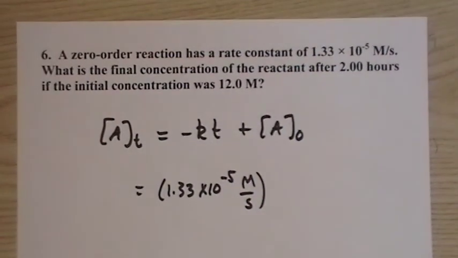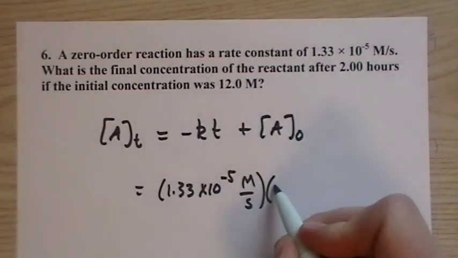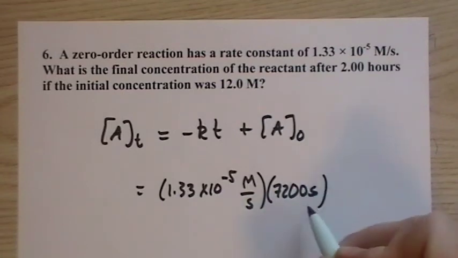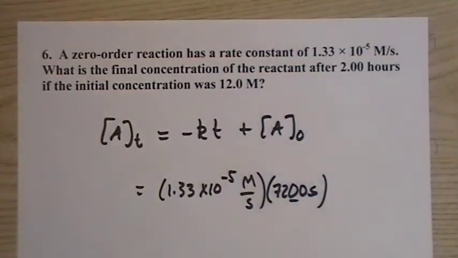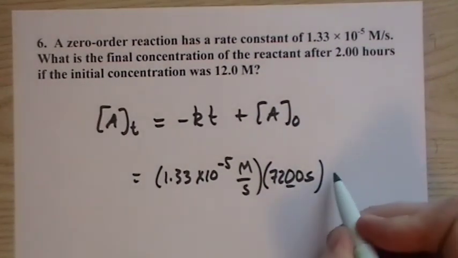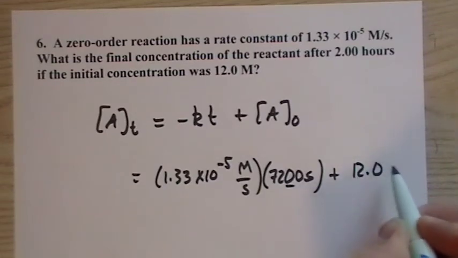That's the correct units for the rate constant for a zero order reaction. 2 hours, that's 7,200 seconds. And actually it's just 3 significant figures because we only had 2.00 hours, but we'll leave it like that. And then plus the initial concentration was 12 molar.